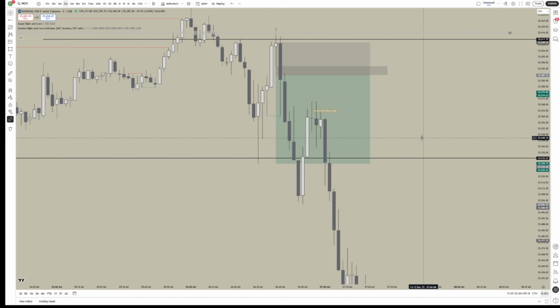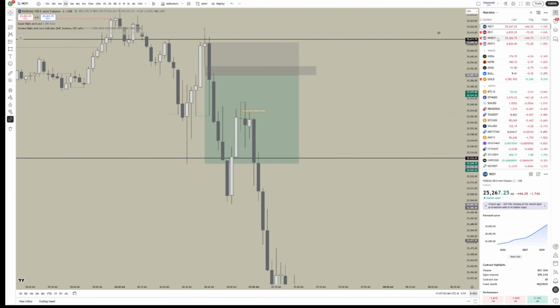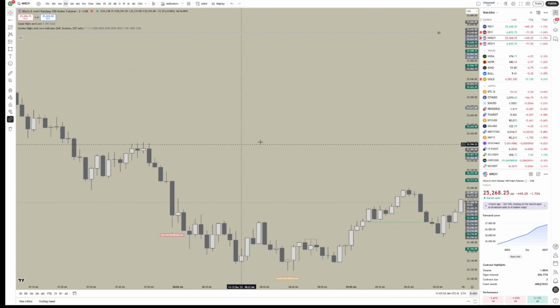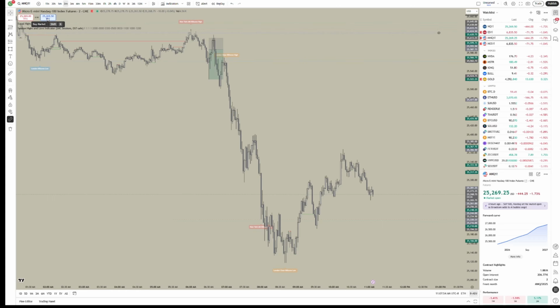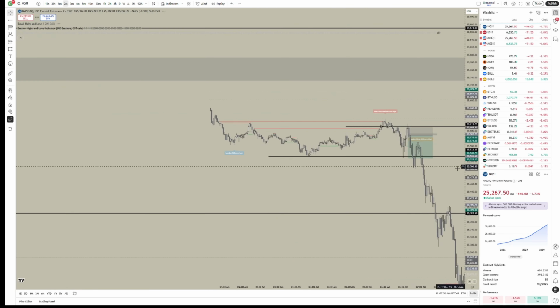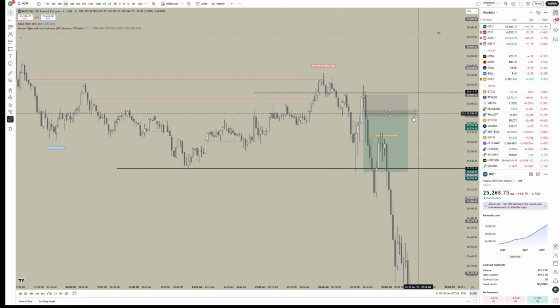It was just overall an amazing trade, and those equal 5-minute lows were just the absolute cherry on top. We went break even at the equal 5-minute lows just because that's a really strong draw. And overall, it just ran straight to TP. I believe I took it on MNQ. I gotta log into my broker, but yeah, that's the trade.